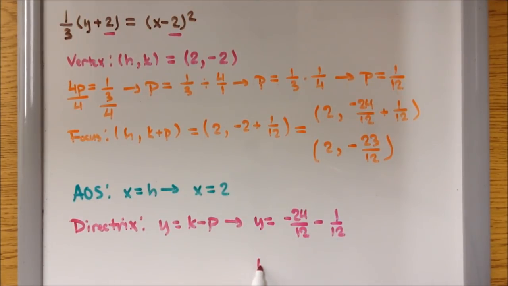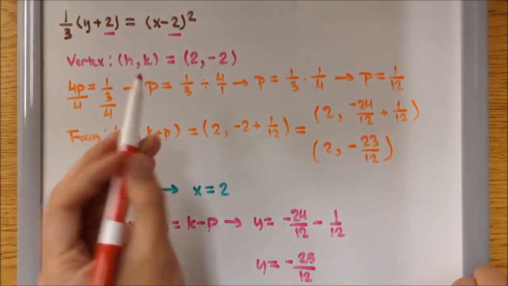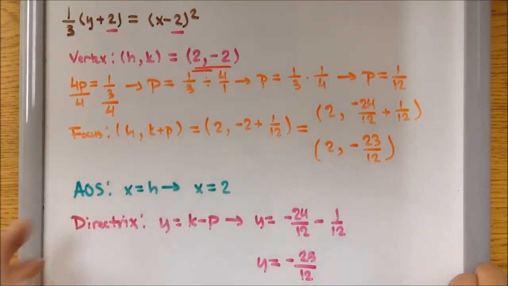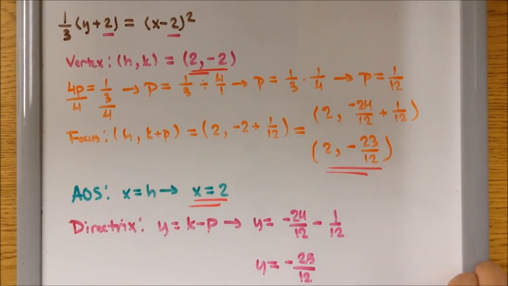So therefore, it's going to be y equal negative 25 over 12. And then you're just going to leave it as a fraction. So that's our directrix, y equals negative 25 over 12. So our vertex, our focus, our axis of symmetry, and then our directrix right here. Those are the 4 components, the 4 characteristics of the equation of the parabola of the last example.